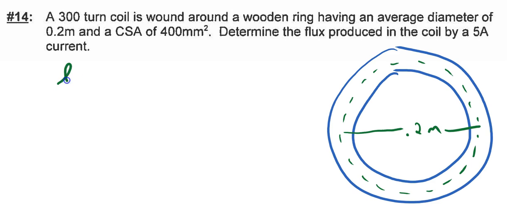So the length then will be the circumference of the circle, or pi times its diameter, and so we can say 0.2 times pi, and a unit being meters, I guess.